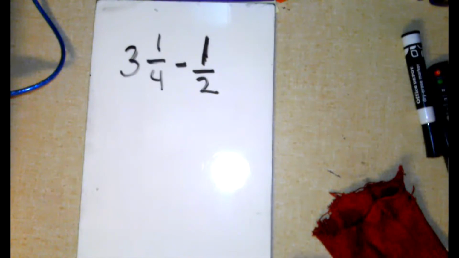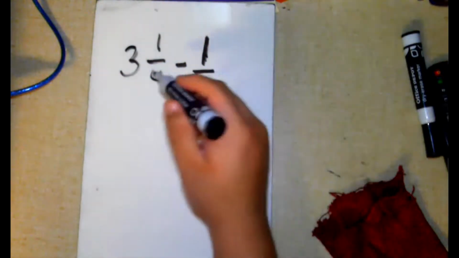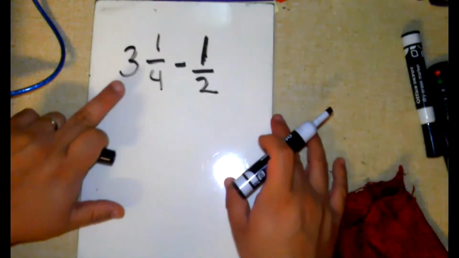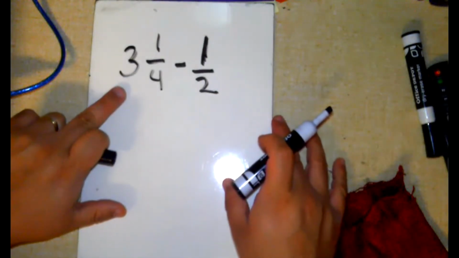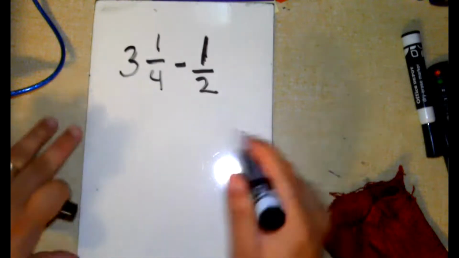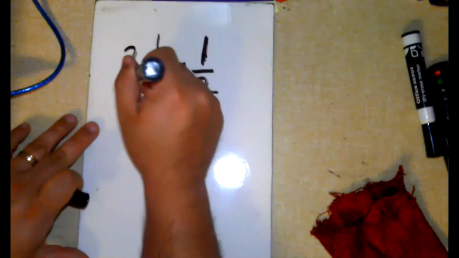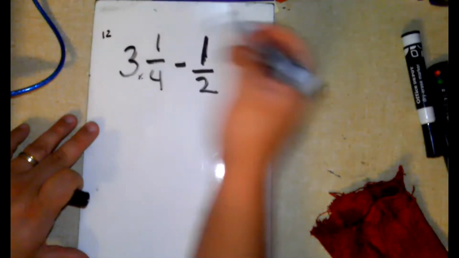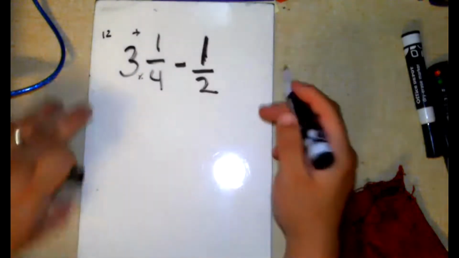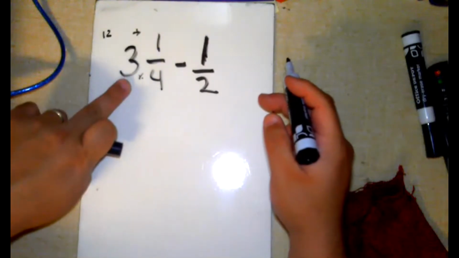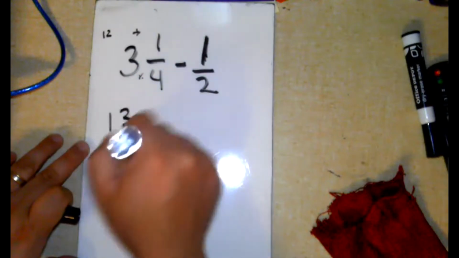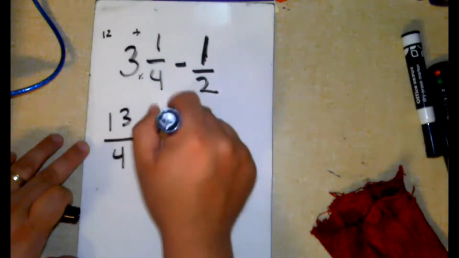As soon as you see this, you want to switch it to improper fractions. So how many total do we have here? We got 3 wholes. So we can go 3 times 4 is 12, and we're going to add the 1. So 3 times 4 is 12, plus 1 is 13. 13 fourths, subtract 1/2.